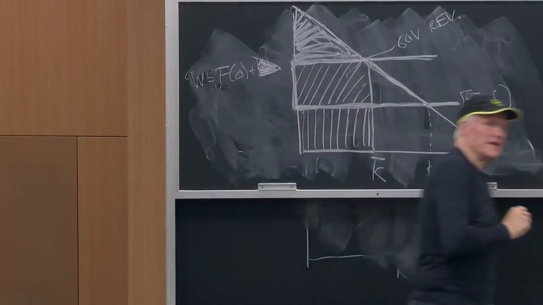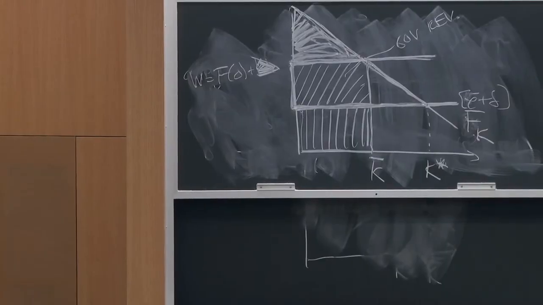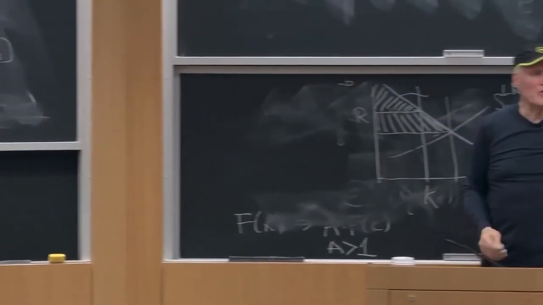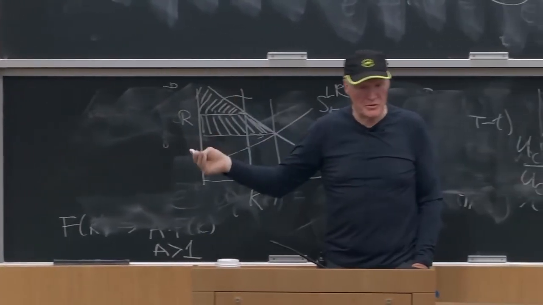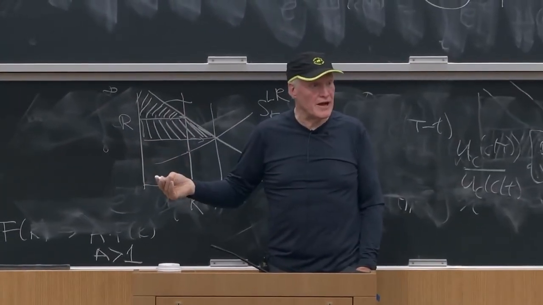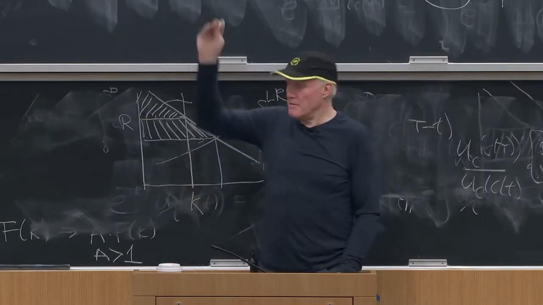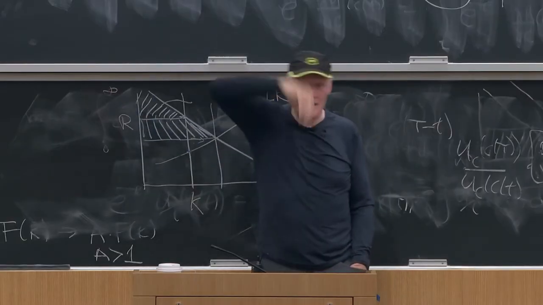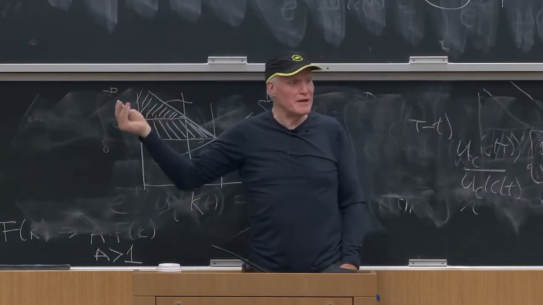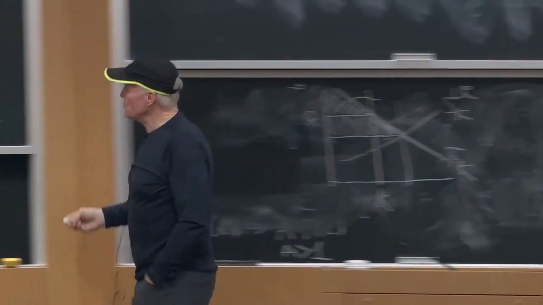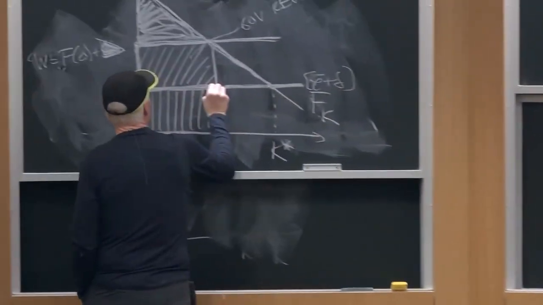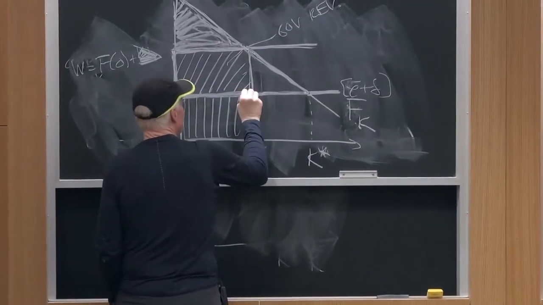Okay. Everybody understand that? That is relative to a world where there was no tax, the true burden of the tax. Now you have to ask, what does the government do with the money? Because there is some revenue that comes out of this. I don't know, maybe they give it all to the capital owners. Maybe they give it all to the workers. They give it to somebody. But it's true, this is the amount going to the government. So the workers pay the tax.